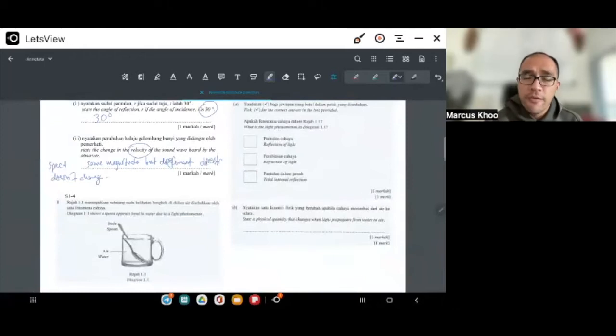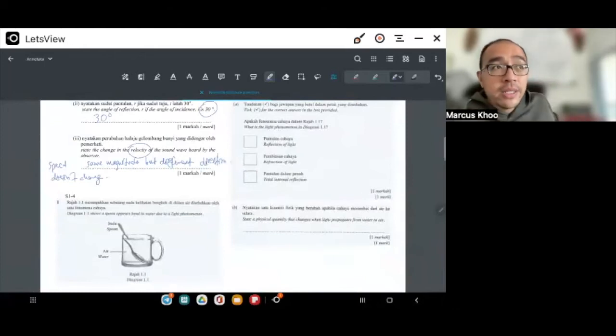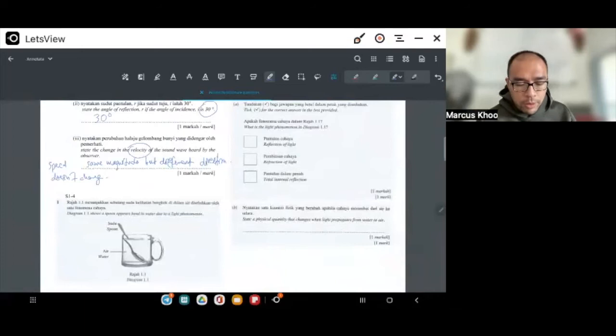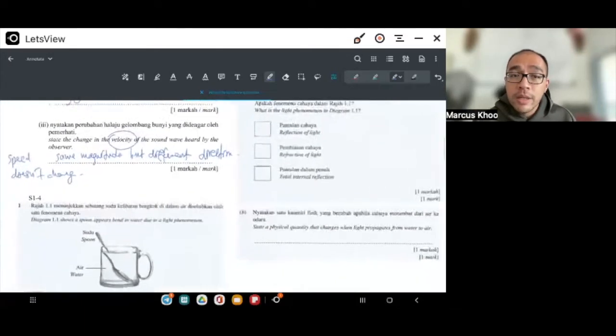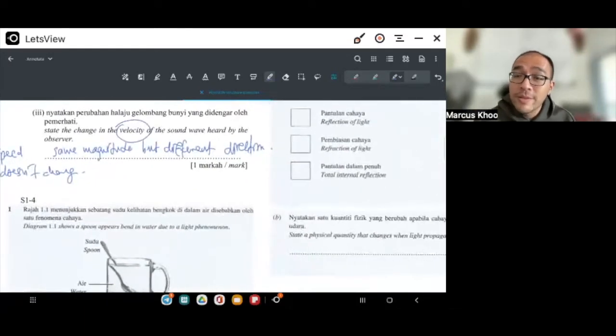This is a very, very strange question because usually when we talk about waves, we don't talk about the wave velocity, we talk about the wave speed. So the wave speed will be the same. If you go 600, you come back 600. But now the question is asking for velocity. So this may be a technical question, or the person who wrote it forgot that velocity is a vector quantity, so you have to take into consideration the direction.